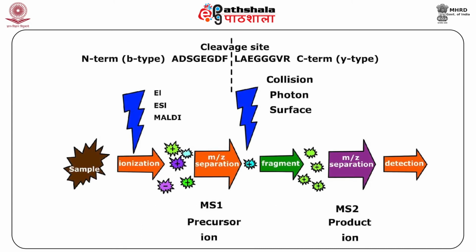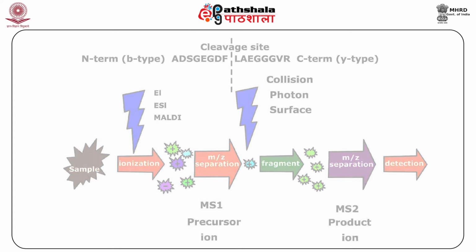The selected peptide from MS1, when passed through a collision cell, is cleaved and generates N-terminal peptides and C-terminal peptides as indicated. A random sequence, AD to VR, is broken to give an N-terminal B-type peptide, and a Y-type peptide, which is the C-terminal peptide.